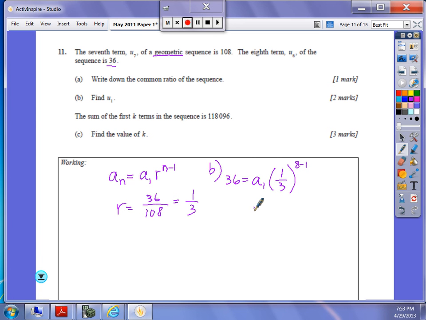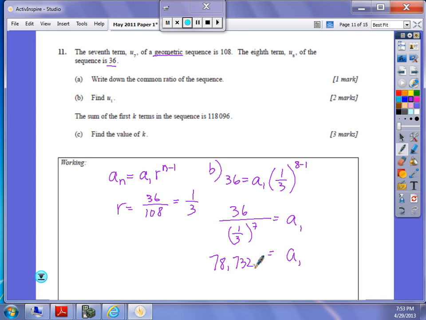So when I do this calculation, 36 divided by 1/3 to the power of 7 is equal to the first term, and the first term is equal to 78,732. I like that problem.